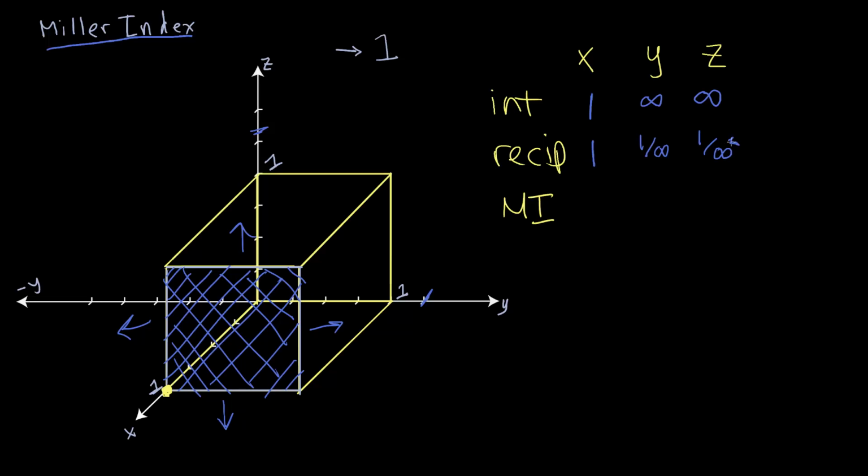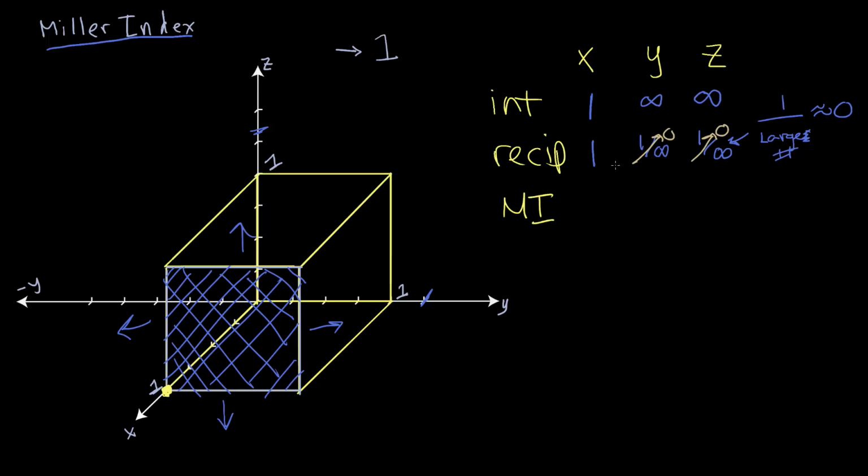You might be familiar from algebra that 1 over infinity, or 1 over a very large number, is approximately 0. So we can call these two guys 0. So our reciprocal values are 1, 0, and 0.